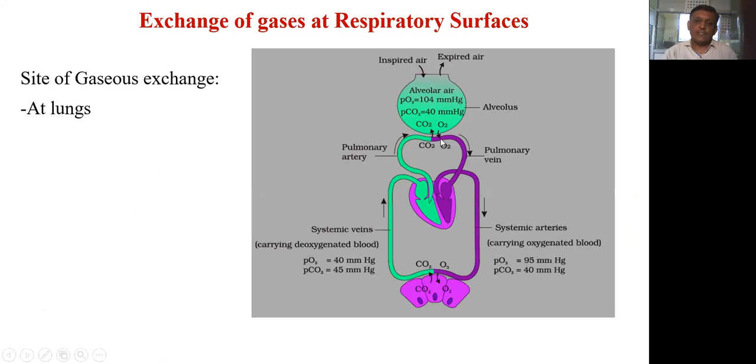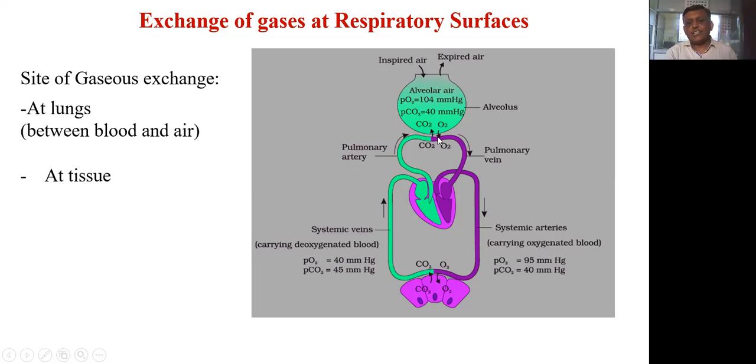Oxygen from the environment is taken into the lungs through inspired air, and the exchange of gas takes place between blood and alveoli here. So this is the first exchange of gas, which occurs at lungs level between blood and air.